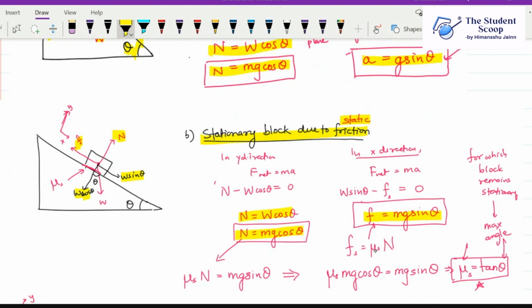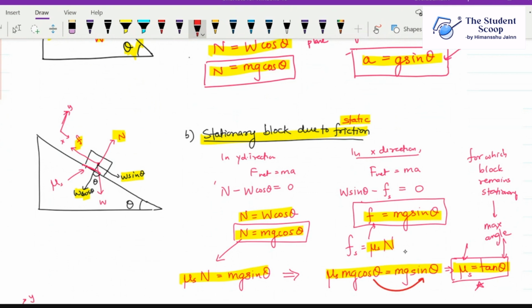Friction itself can be written as coefficient of friction times N. If I substitute N as mg cos theta and equate both, mg gets cancelled, and we get coefficient of friction equal to tan theta. If I divide, sine upon cos is tan.